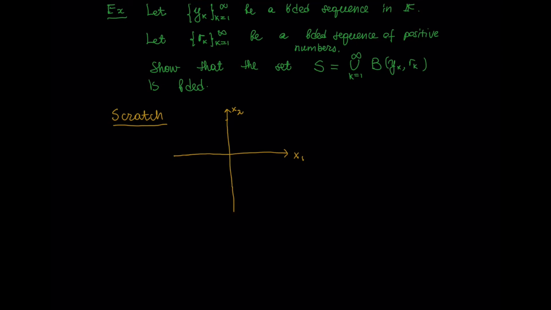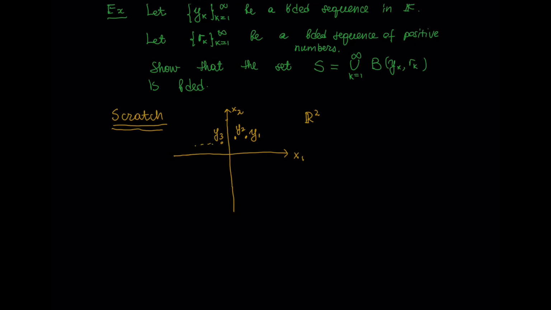Let us begin with some scratch. So just like in the previous example, let us consider the case of R2. So what we have here is a sequence of points in R2 that are denoted as y1, y2, y3, and so on.